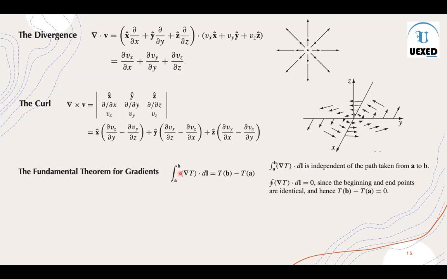If you have a function f which depends on some variable x, and if you integrate it with respect to x, then it gives you the boundary points, and you just take the subtraction.